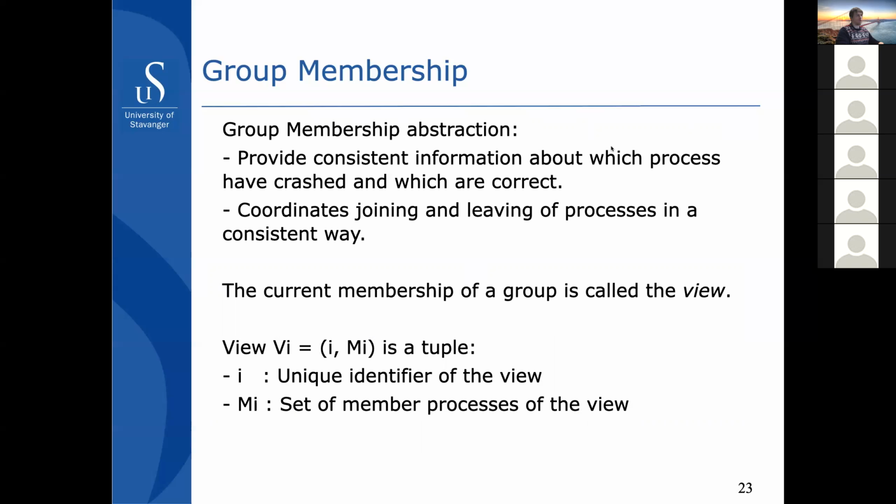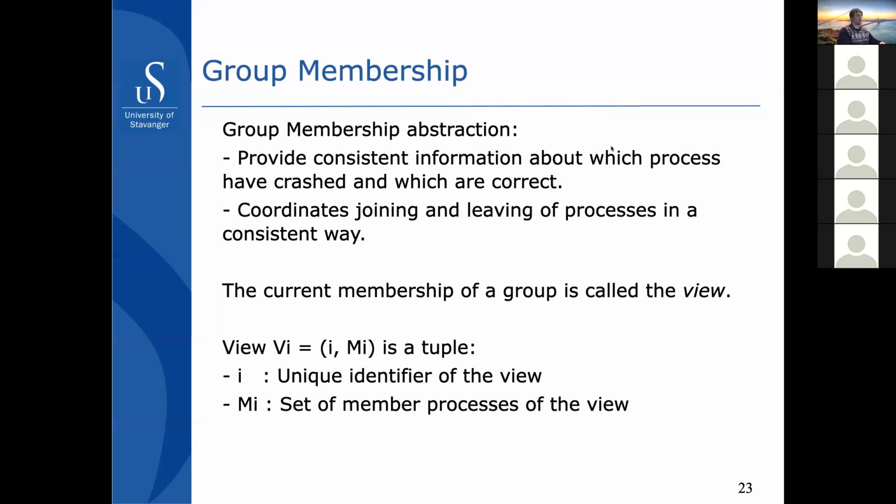It's called the view, and it's a tuple, and I suppose all of you know what a tuple is, which is basically two or more variables clustered together like this.